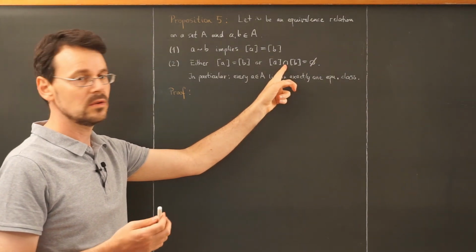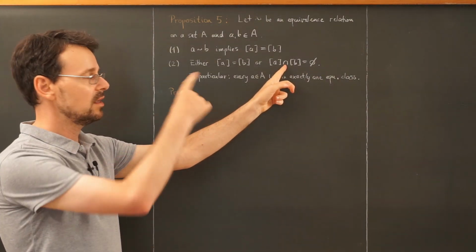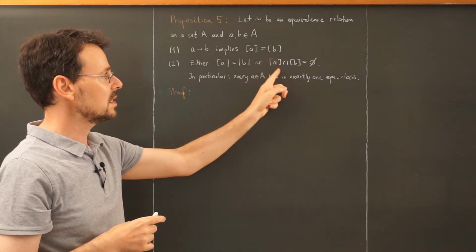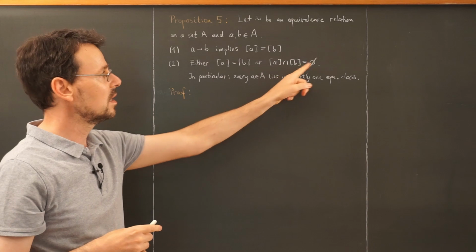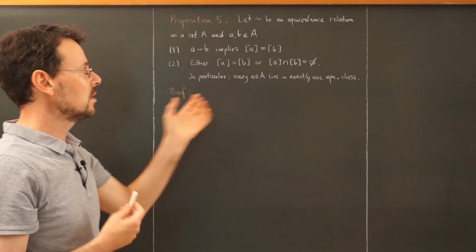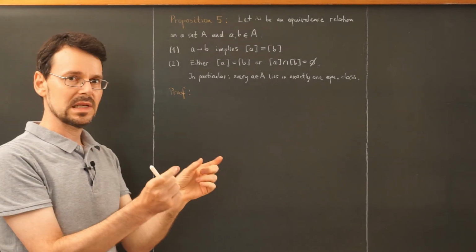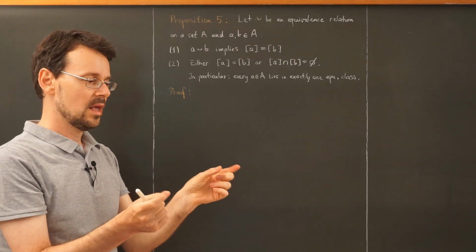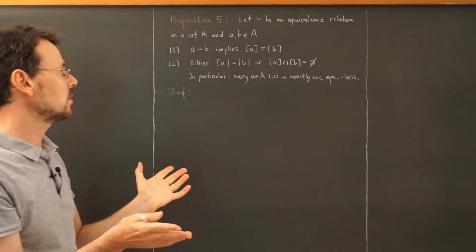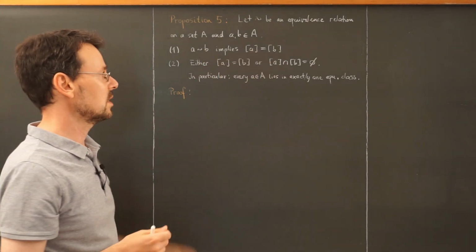This here means, if you're new to set theory, the intersection of those two sets, meaning all the elements that lie in both sets, is the empty set, which means that there are none. So it's not possible that two equivalence classes are different and contain one or two of the same elements. It's not possible. So either the same or disjoint.